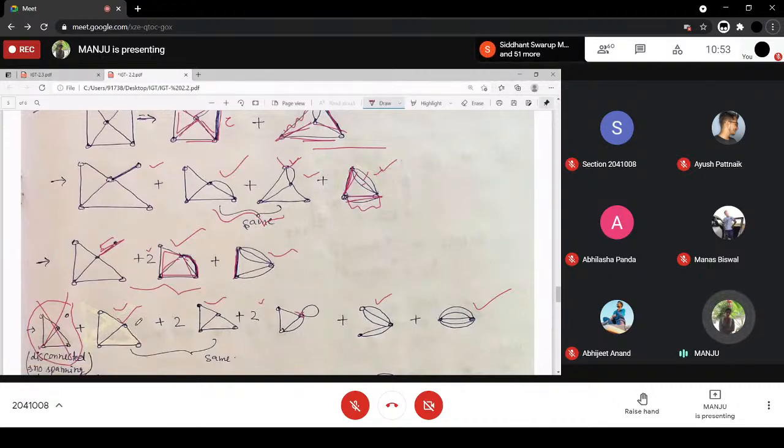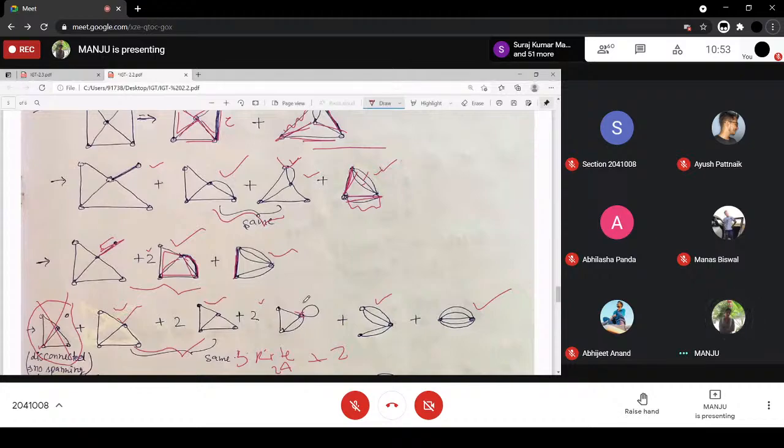So how many spanning trees exist for these three? These are 3 into 3 kites now. So for one kite, how many trees exist? 8. So for these three, it will be 24, plus 2.